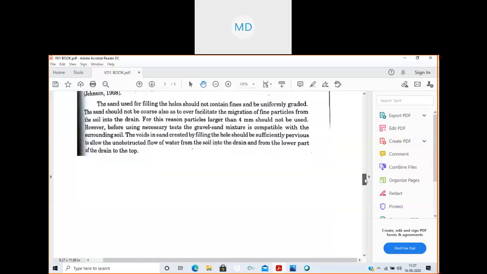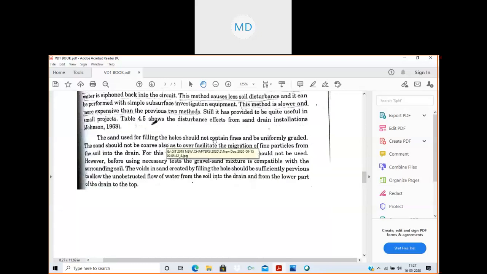Then, the sand for filling the holes should not contain fines and should be uniformly graded. For proper performance of any kind of work, the soil should be uniformly graded so that it does not create any objection to the flow of water. If the soil is not uniformly graded, some objections may be provided to the flow of water.